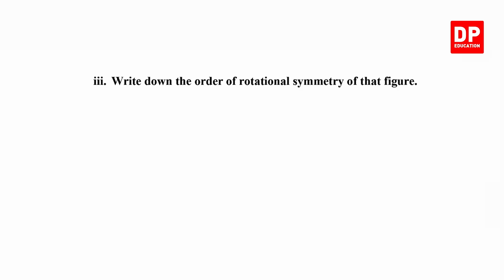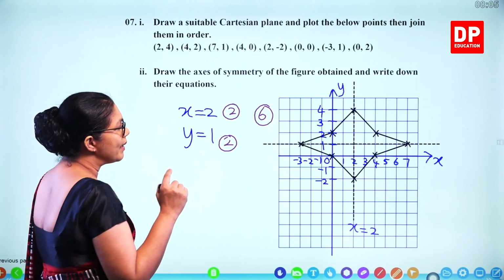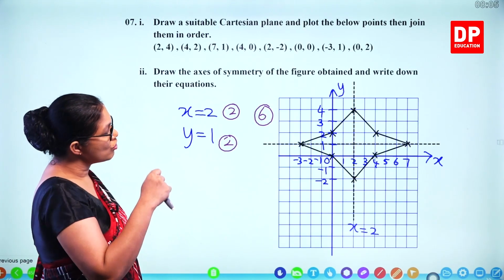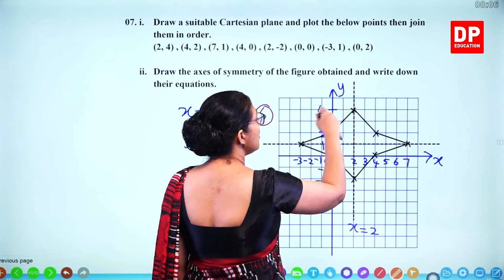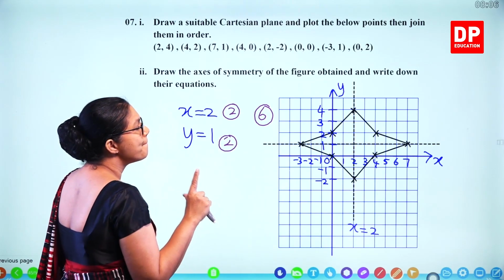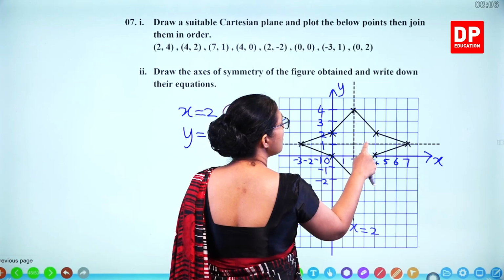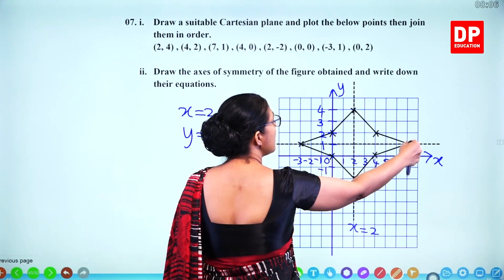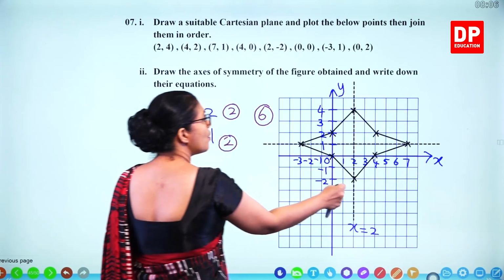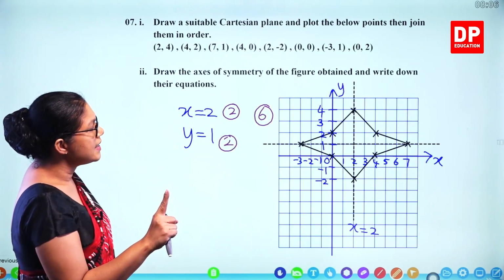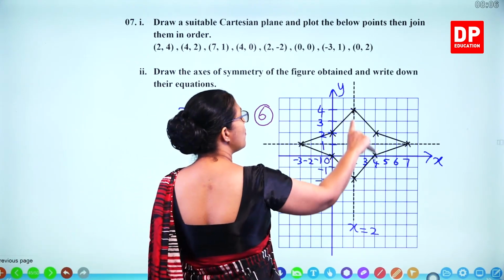Write down the order of rotational symmetry of that figure. What does order of rotational symmetry mean? When you rotate, you need to get the same diagram. So this height is 3, but this height is not the same. So at 90 degrees, you are not getting the same. When you rotate 180, you get the same shape because upside down both are the same.